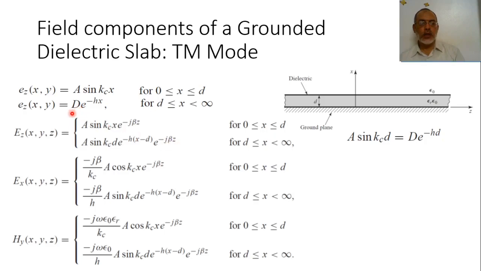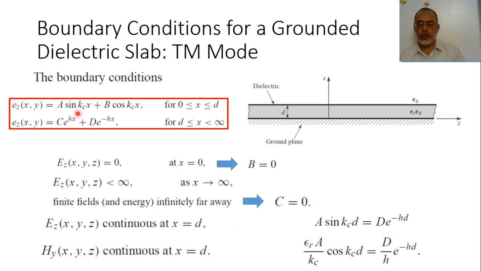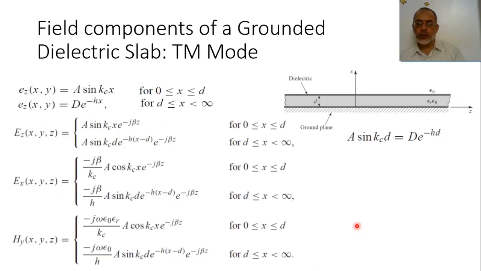Here we have applied the relation between A and D, which we have already obtained, that D equals A sine kcd multiplied by e to the power hd. We have removed D and applied D equals A sine kcd e to the power hd.